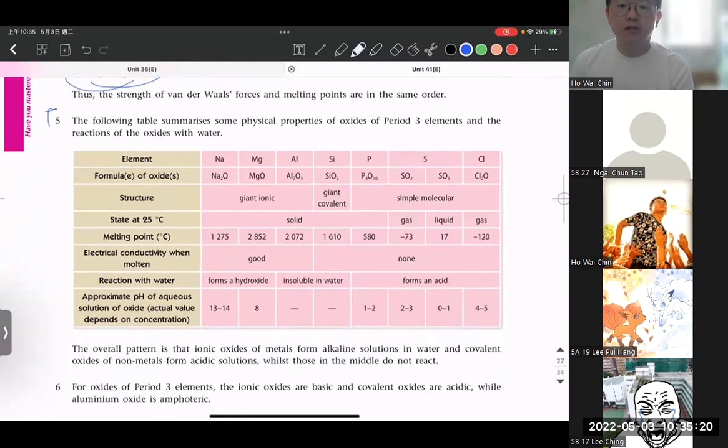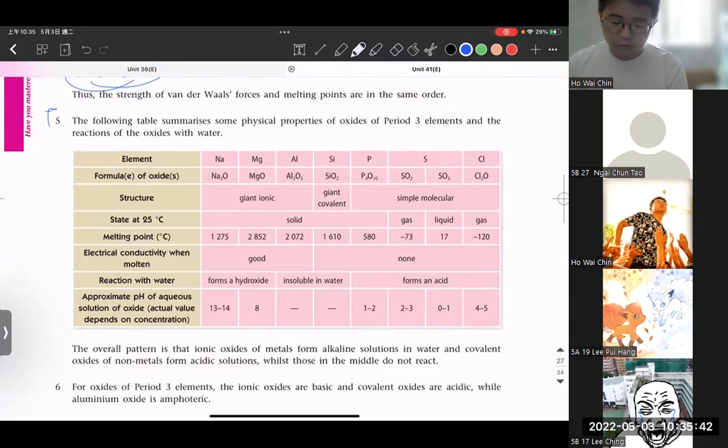We talk about the oxide form. Mainly on the left-hand side, the oxide is metal oxide, ionic oxide, basic oxide. And then on the right-hand side is non-metal oxide, covalent oxide, and also acidic oxide.